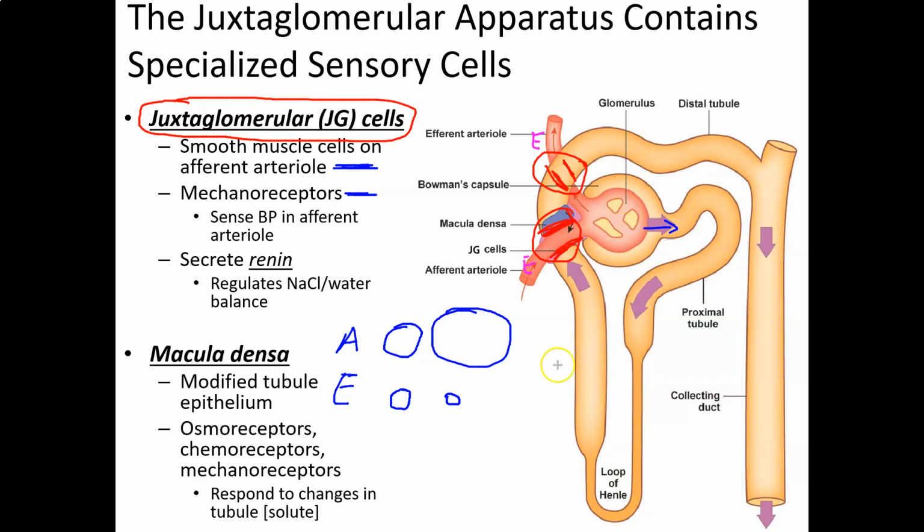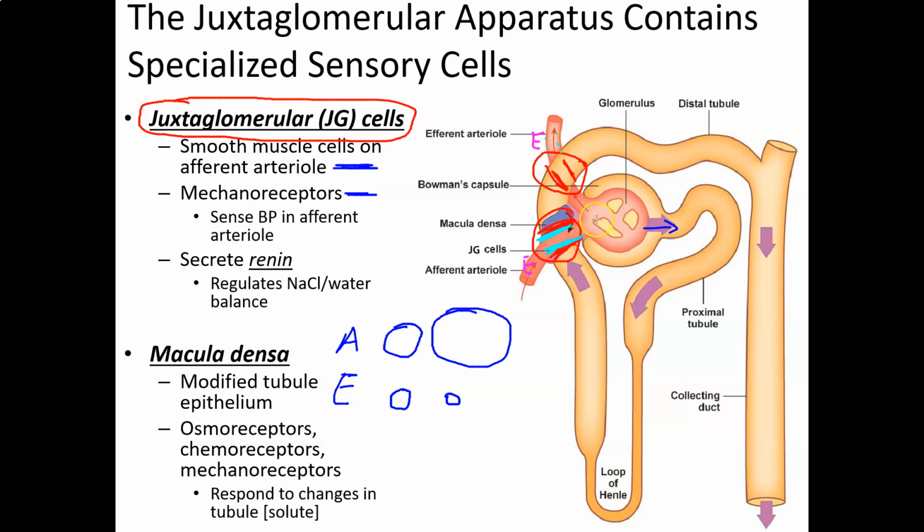So what our body has done to change that is it said, okay, I know that this is going to happen. So what we do is in the afferent, we have a lot more receptors. So I'm just going to draw them like this. So the turquoise would be the receptors there, and the turquoise would be the receptors in the efferent.